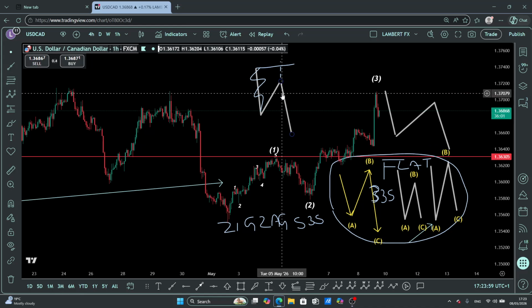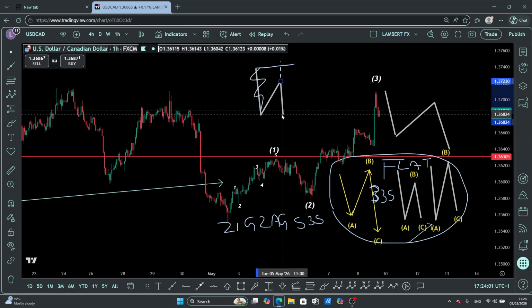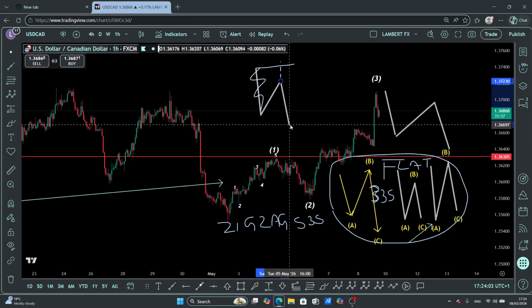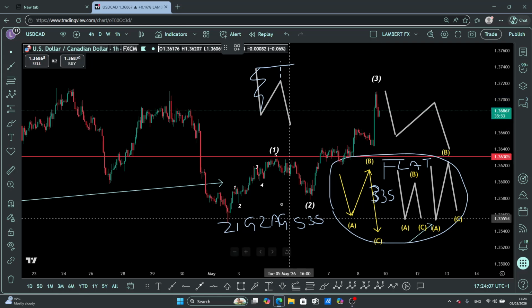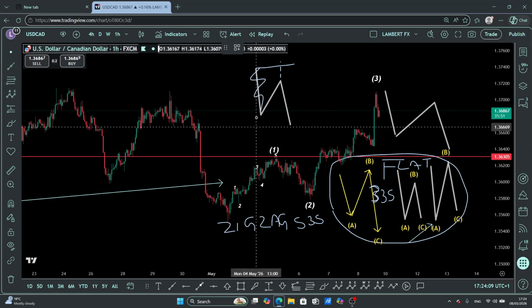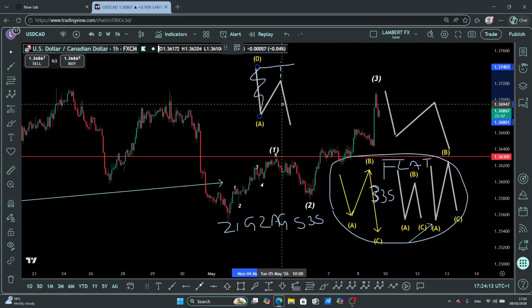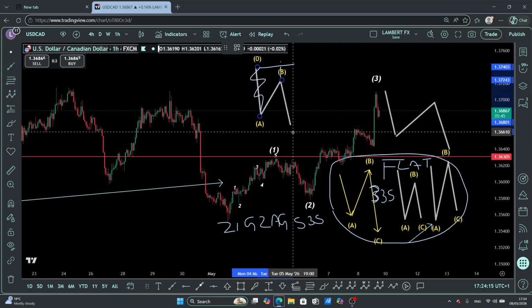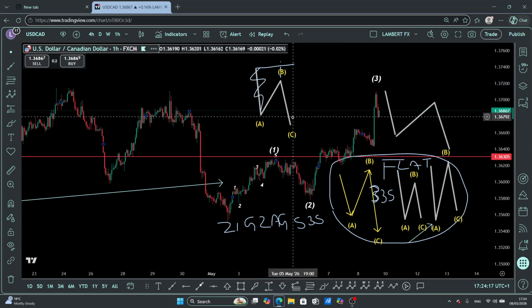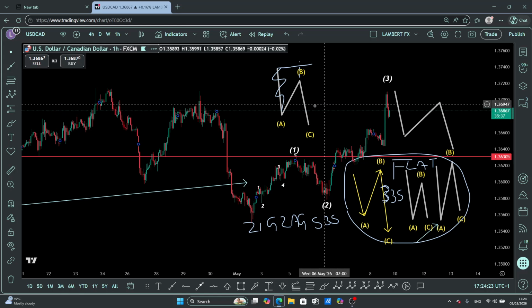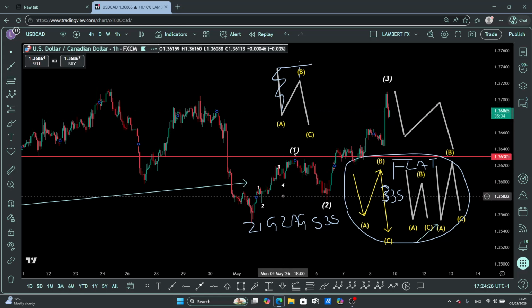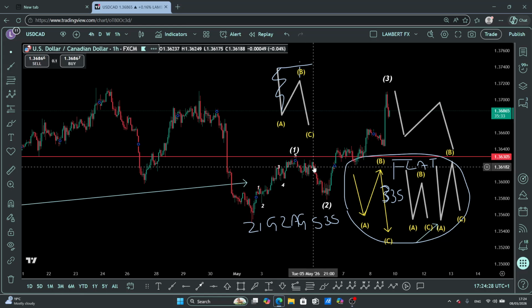The 5 leg down must go below A. So you have something like this. I will show you examples on the chart when I see them. All right, so that's ABC. These are the two types of correction that you can find in leg 2.